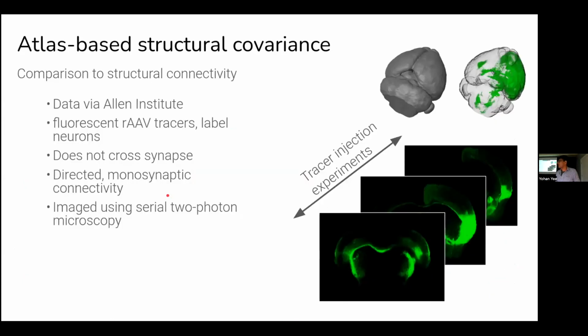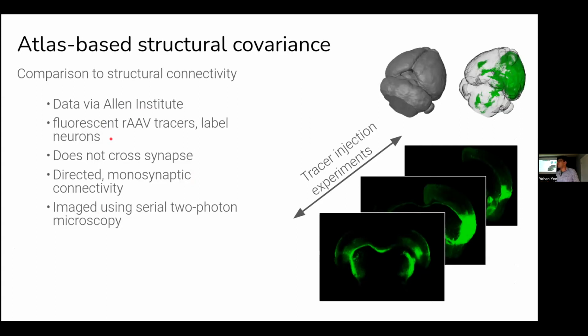But first, before I talk about distance, the topic that we really wanted to study was how does connectivity relate to structural covariance? And so to get connectivity data, we went to the Allen Institute's mouse connectivity experiment dataset. As a background on this data, the Allen Institute injected fluorescent adeno-associated viral tracers into a whole bunch of different mouse brain regions.